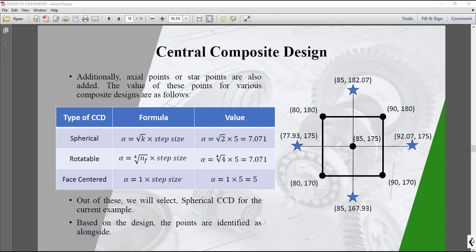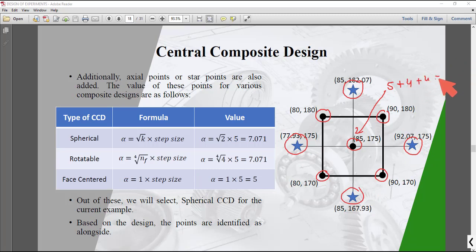So in this case there will be 13 experimental runs. Based on the formula, there will be 5 central experimental runs, 4 factorial experimental runs and 4 axial runs.